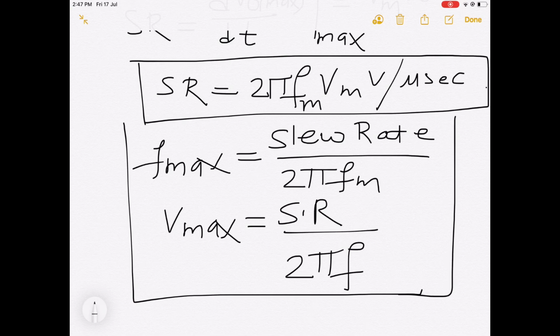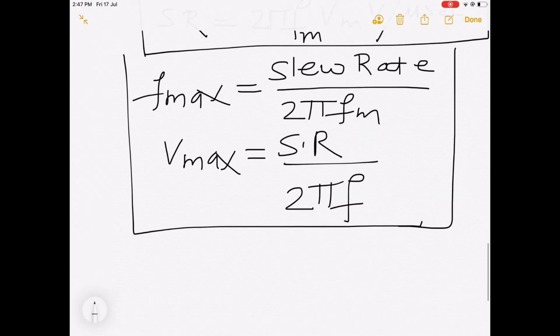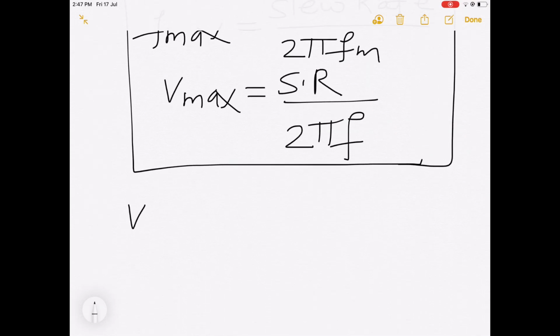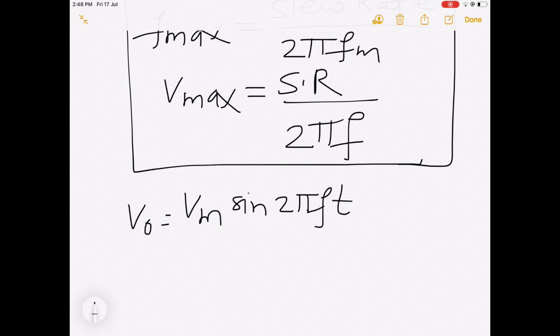Using an example, consider a sinusoidal input Vi applied to the voltage follower. If the slew rate is high enough, the output could be, as I told you, Vo equal to Vm sin 2 pi f t. Sin omega t is nothing but sin 2 pi f t.